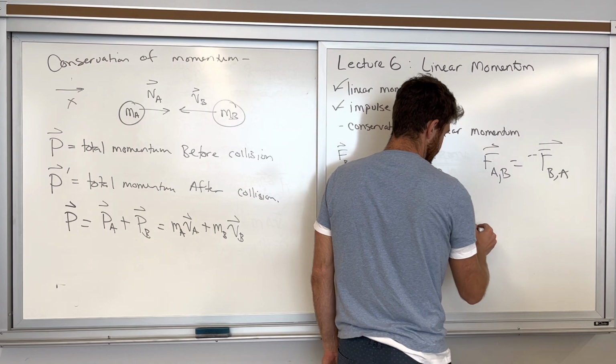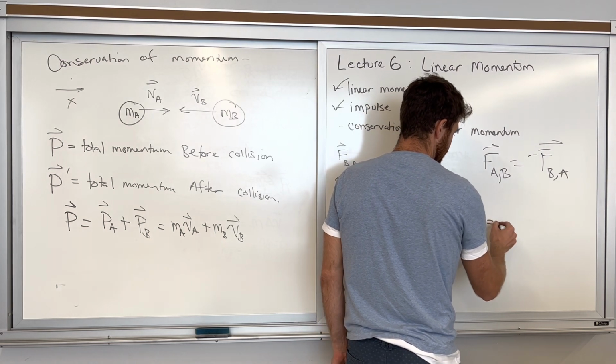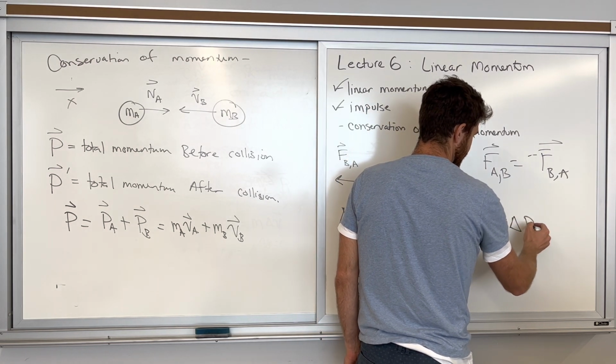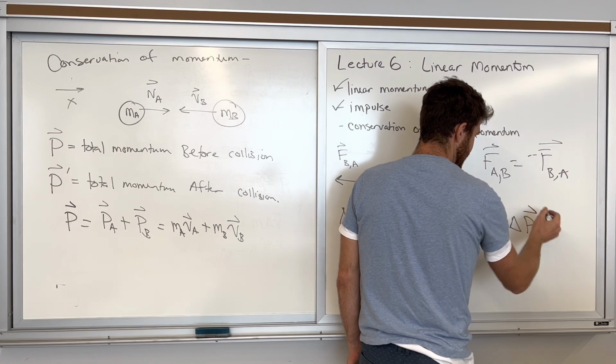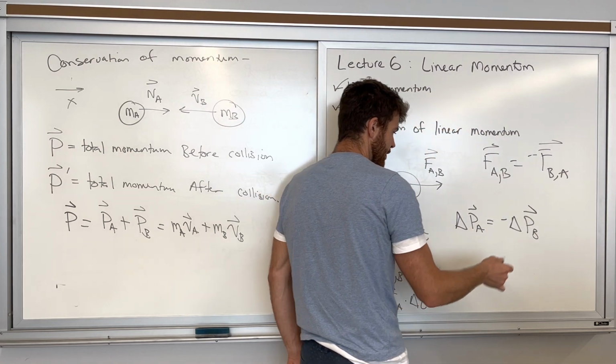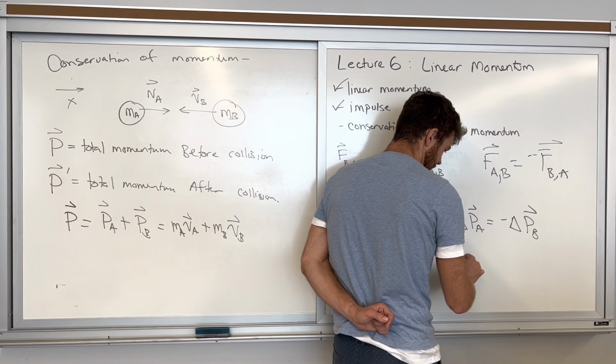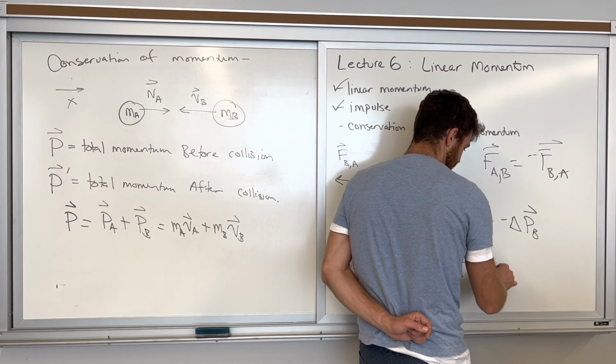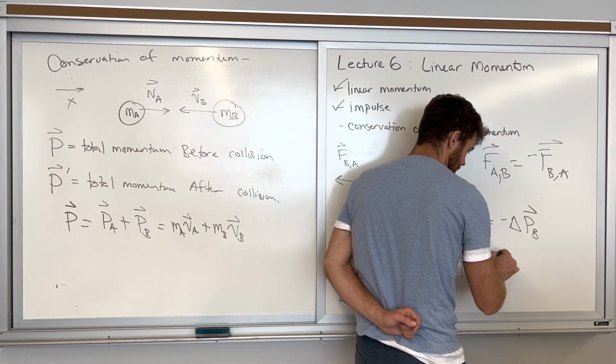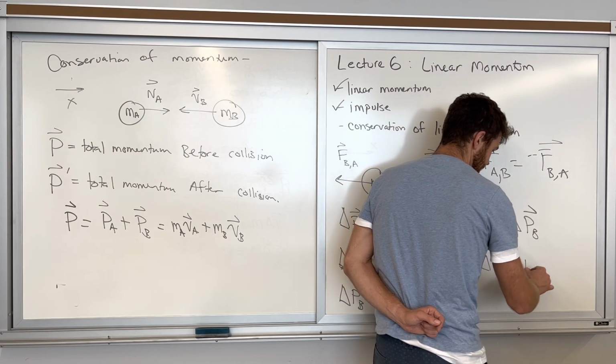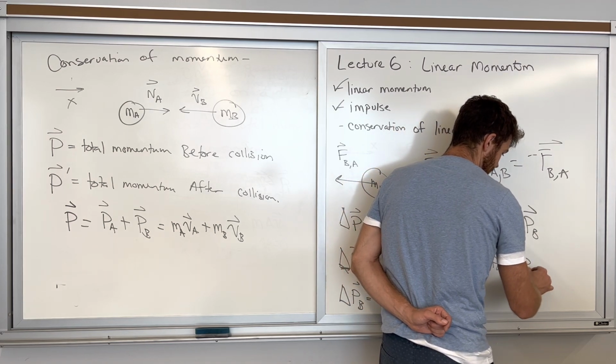So the change in momentum of ball A is equal to the negative change in momentum of ball B. So the total change in momentum of the system is equal to the change in momentum of ball A plus the change in momentum of ball B.